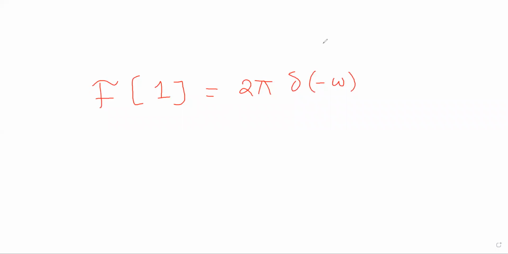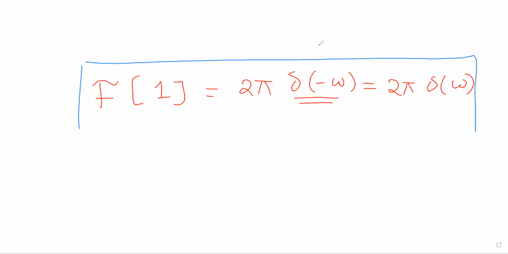As we know, the impulse function is always an even function, that is, delta of minus omega is always equal to delta of omega. Hence the Fourier transform of a constant 1 is given by 2 pi into delta omega.